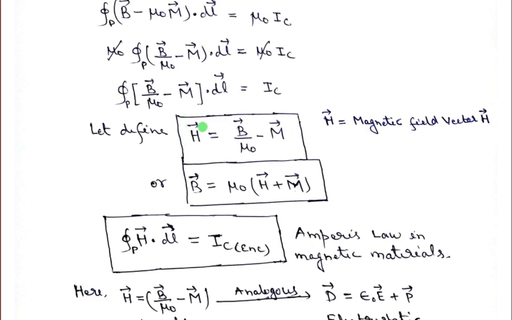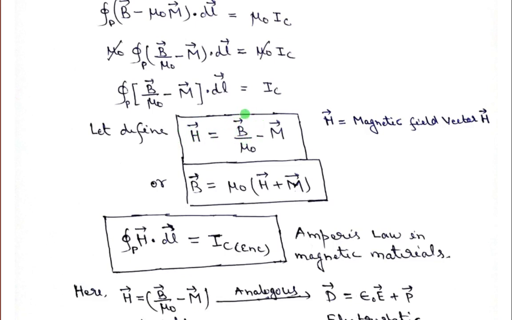So M is a magnetization vector, B is a magnetic field vector, and H is simply called the magnetic field vector H. In some reference books, authors have quoted that this is the magnetic field intensity vector, and this is the magnetic flux density vector or magnetic induction, but I don't feel those definitions are correct. Griffiths has clearly mentioned this as magnetic field vector B, and this as magnetic field vector H. Never call this the intensity vector or flux density.